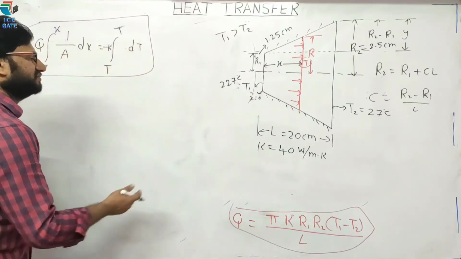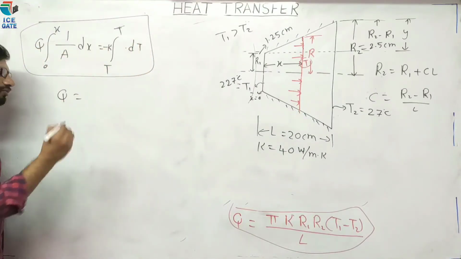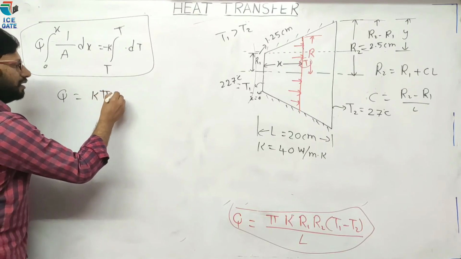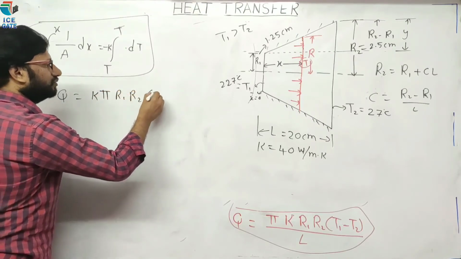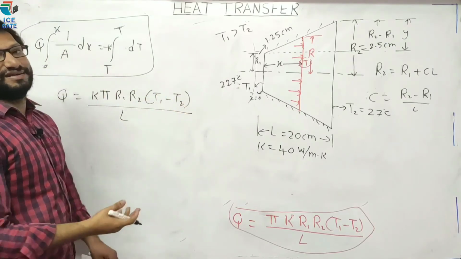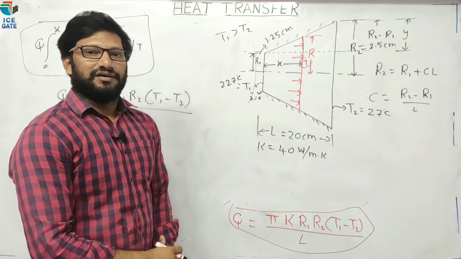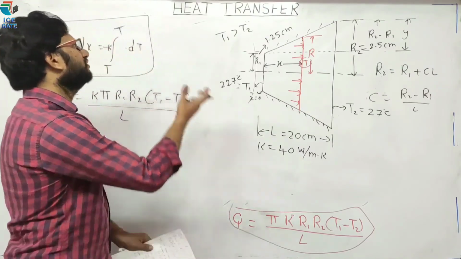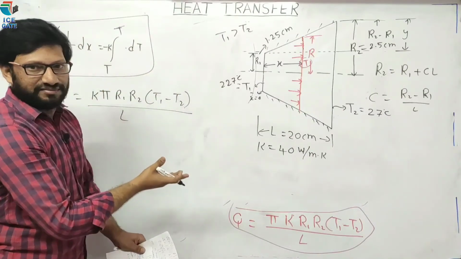Now under these assumptions, we know the equation Q equal to K pi R1 R2 (T1 minus T2) divided by L. For example, if you don't remember this formula, what you have to do? Simply, we know the Fourier law equation.